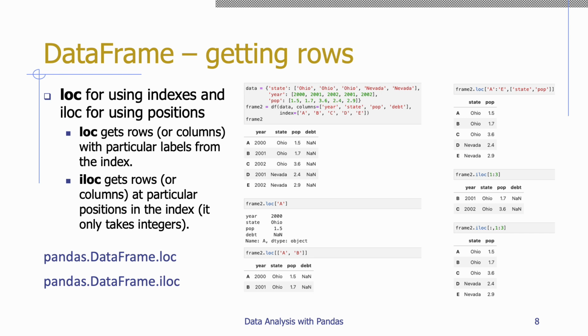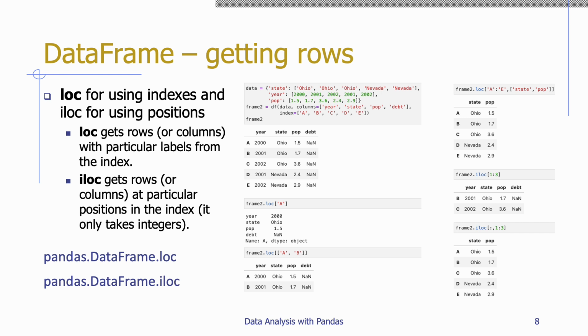And then frame2.loc with A and B is going to give the values for the rows A and B. And then we have frame2.loc from A to E, and then only the state and pop columns, okay?